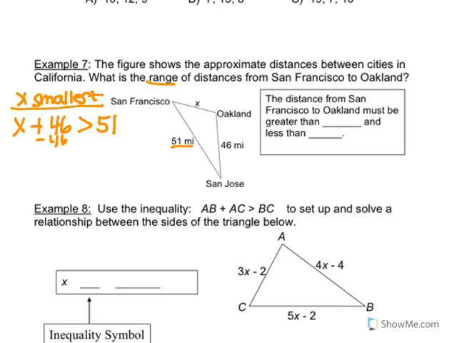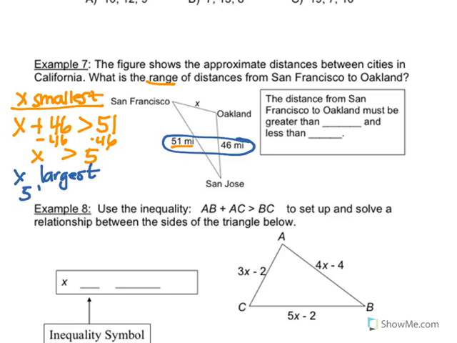Subtract 46. And so on the small end, x needs to be greater than 5. Now, what if x is going to be the largest distance? Well, in that case, if x is going to be the largest distance, then these two, when you add them up, 51 plus 46, they need to be greater than x.